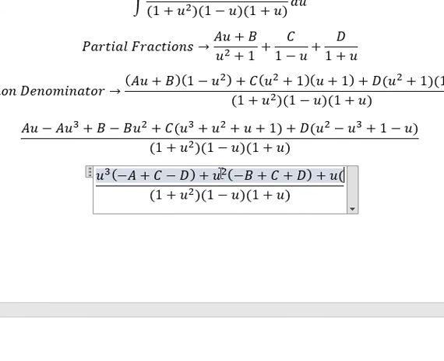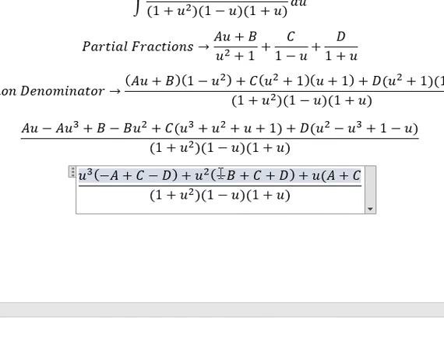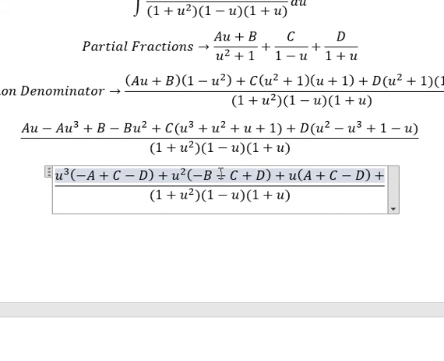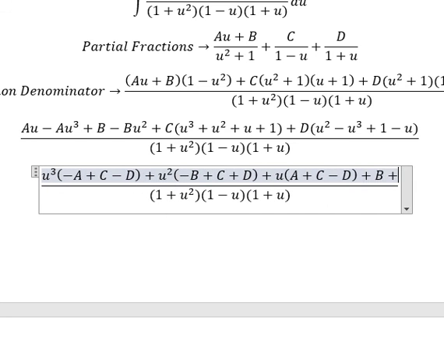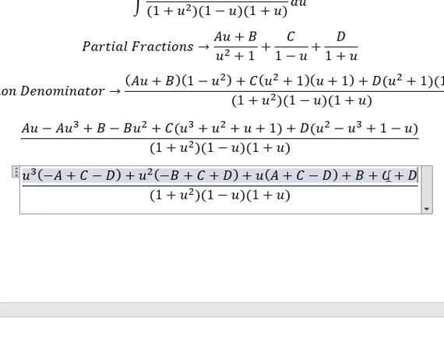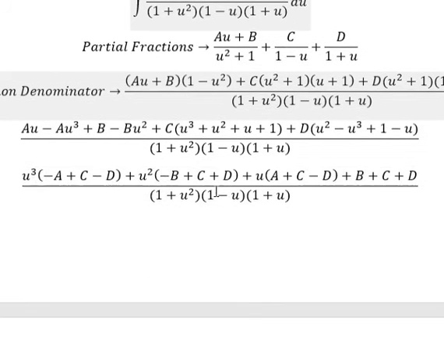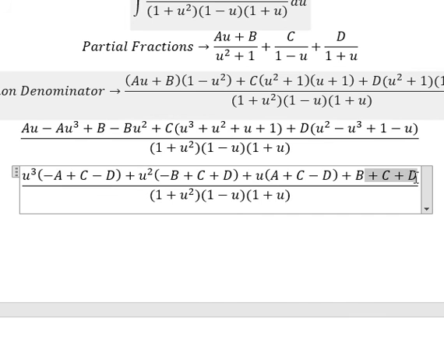For u, that's a plus c minus d. For the constant, we have b plus c plus d. Now, because we just have only number 1, b plus c plus d equals number 1. We don't have u squared and u to the power of 3, so those should be equal to number 0, 0, and 0.